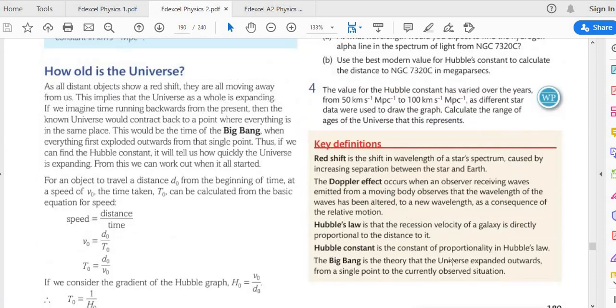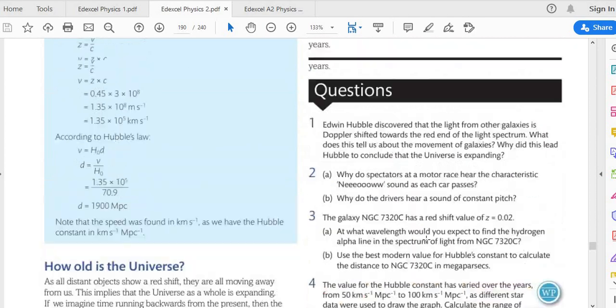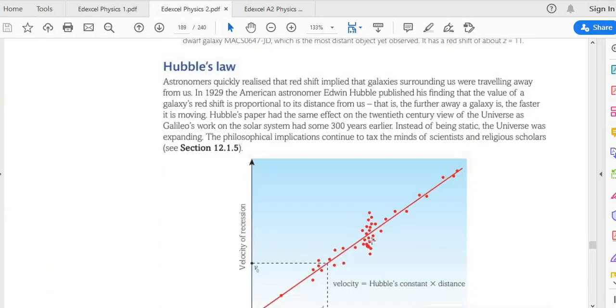At the end of this chapter, the key definitions of the words are given here. Hubble's law is that the recession velocity, that means the velocity with which a body, a galaxy, or maybe even a star is moving away from us, is directly proportional to the distance to it. That is what is shown in this graph.